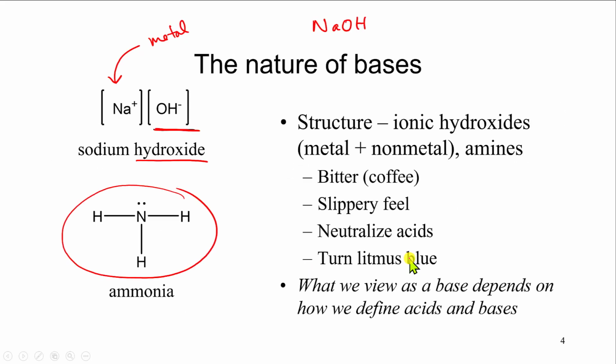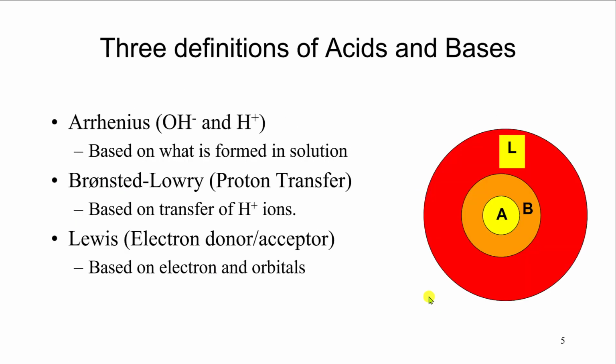So they undergo neutralization reactions with each other, and they turn litmus paper blue. So litmus paper is a great way to quickly indicate whether a solution is acidic or basic. Now, what we view as a base depends on how we define acids and bases. And so what we're going to do next is look at some acid-base definitions.